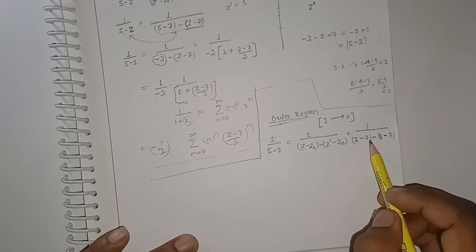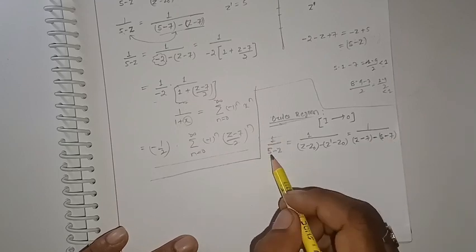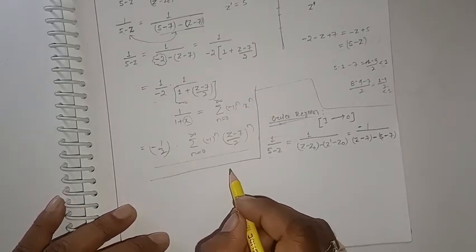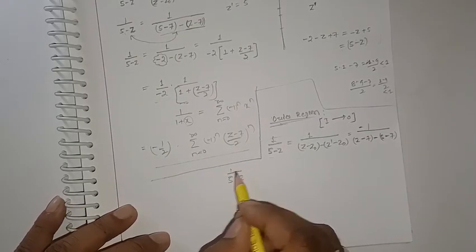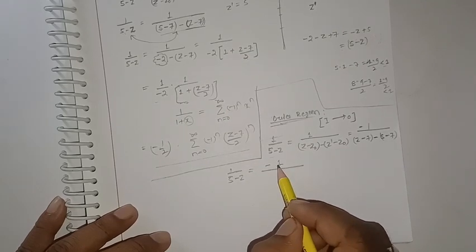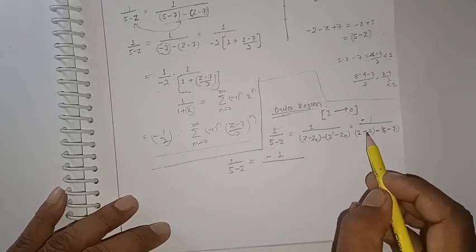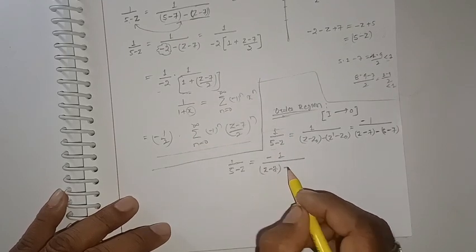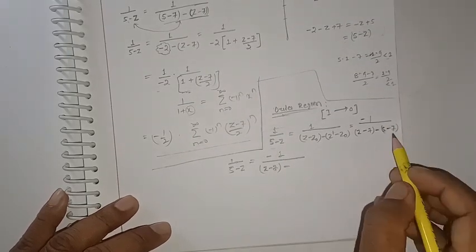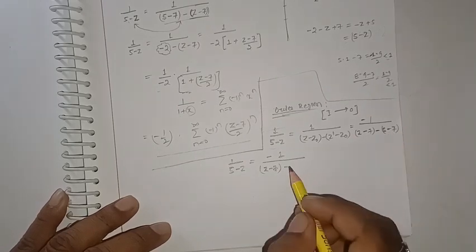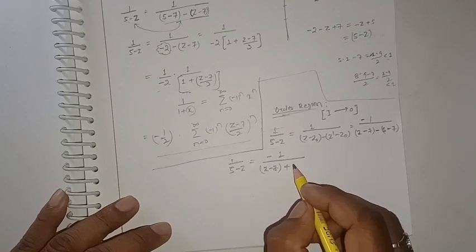That means z minus 5 we can get, but the initial function is 1 by 5 minus z, so I have to multiply by minus. So the Laurent series of 1 by 5 minus z will be equal to minus 1 divided by, first term, z minus 7. This one is minus 2, and minus is there, so it will be plus 2.